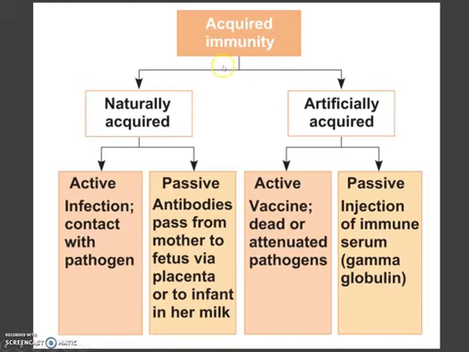The most recent example of this was the Ebola outbreak in Africa a couple years ago. Even though Ebola has a very, very high death rate associated with it, there were some people able to develop immunity against Ebola.